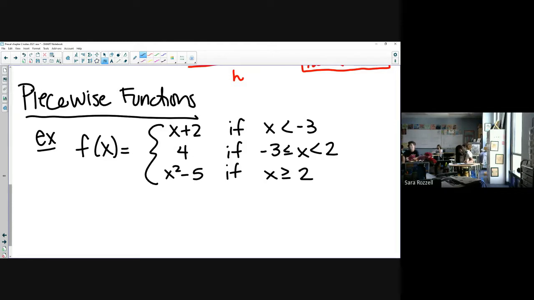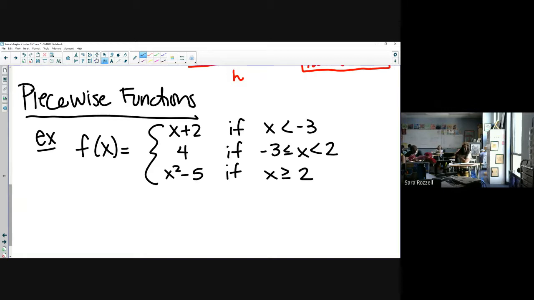It's just the number 4 if it's between -3 and 2. And if it's x squared minus 5 if x is greater than or equal to 2. How many pieces do you have for this function? We have 3 pieces.